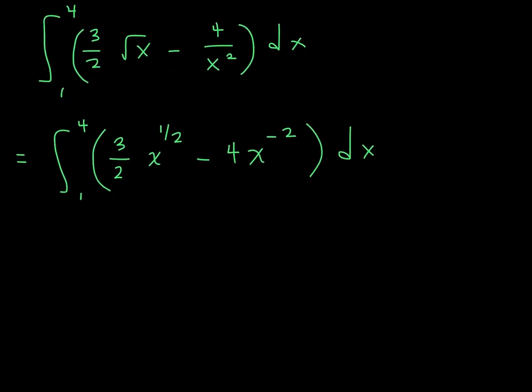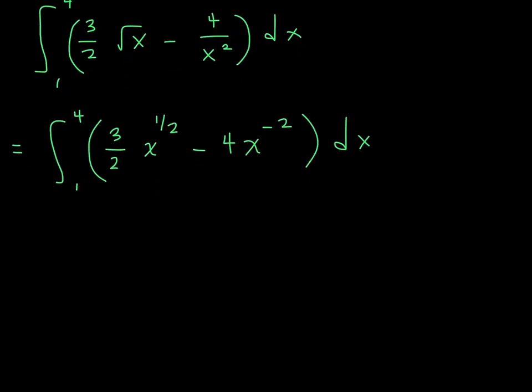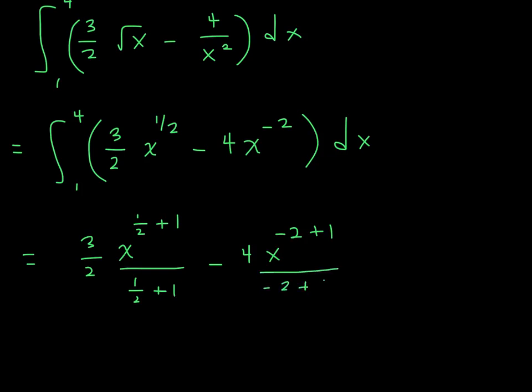So then we know that an antiderivative will be 3 halves times x to the power of 1 half plus 1 over 1 half plus 1, minus 4 times x to the power of negative 2 plus 1 over negative 2 plus 1. Okay, so all of this evaluated from 1 to 4.